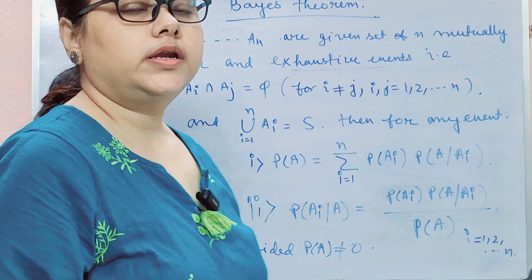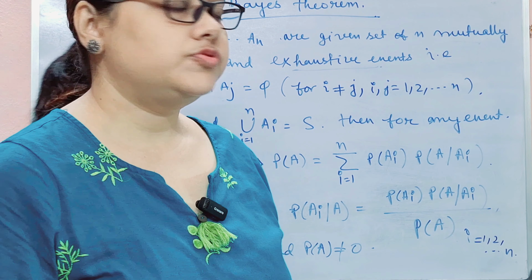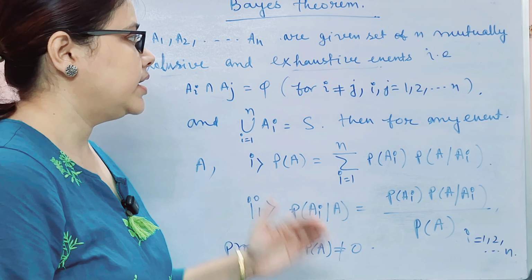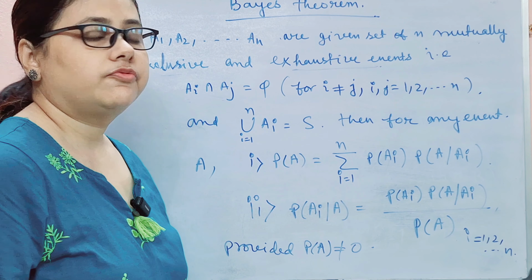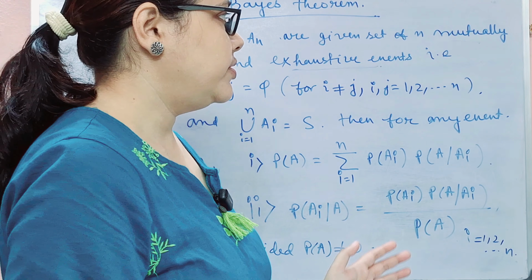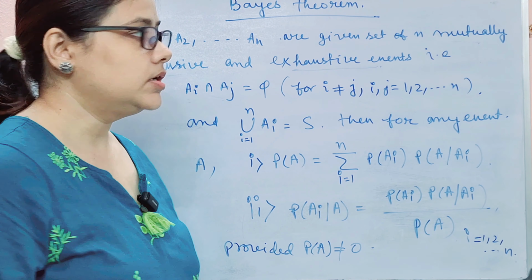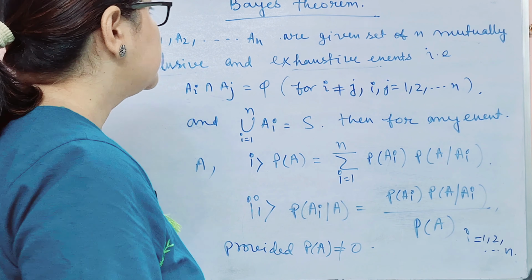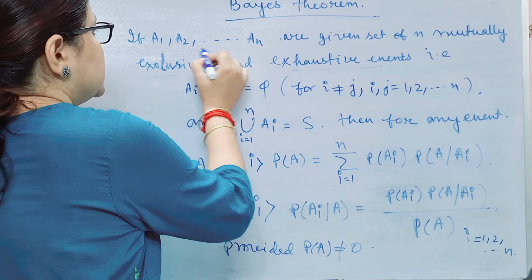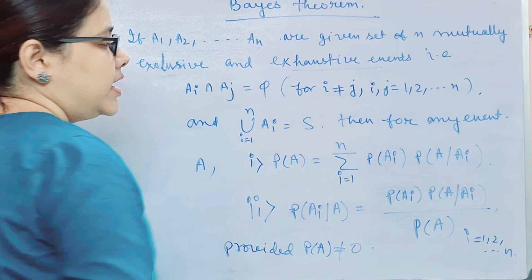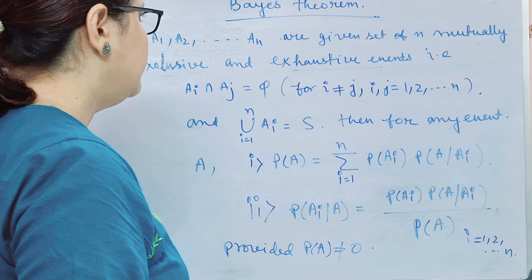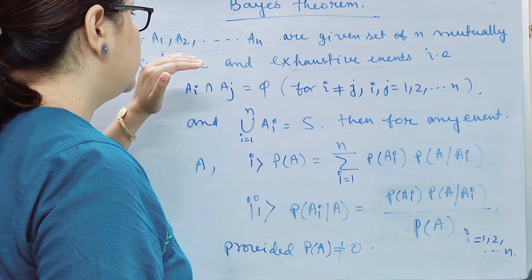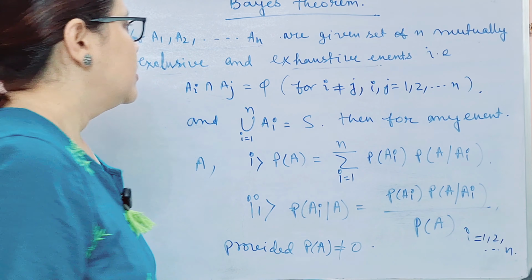I have already discussed the definition of mutually exclusive and exhaustive events; you can find it in my previous lecture. So I am telling just that this set of n events will be mutually exclusive and exhaustive events.